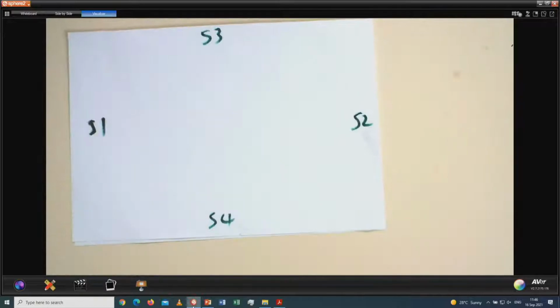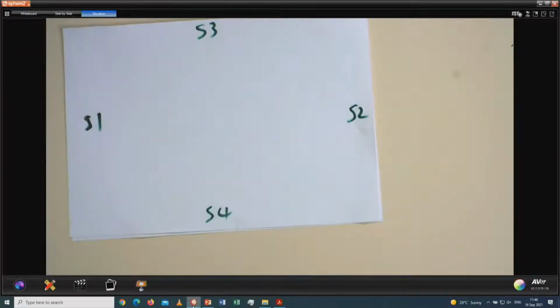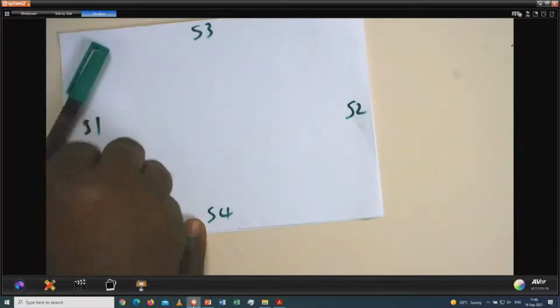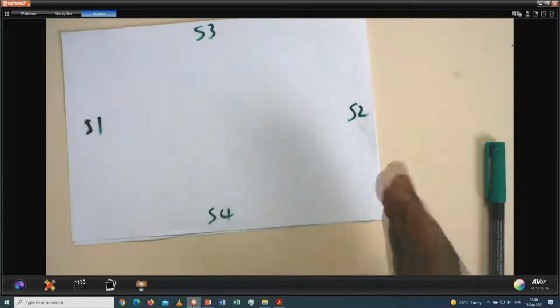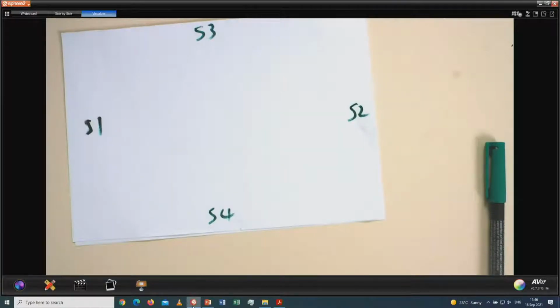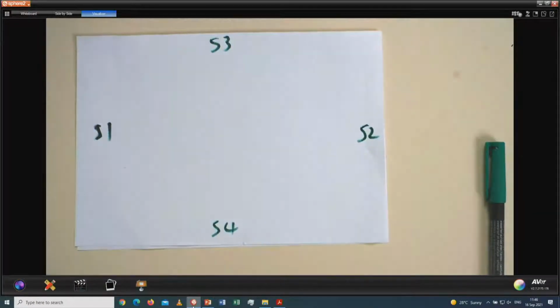So it's something that is in front of you. What do you see? Now we see this side is facing this side. So they are opposite sides in mathematics. The sides facing each other are opposite sides in mathematics.